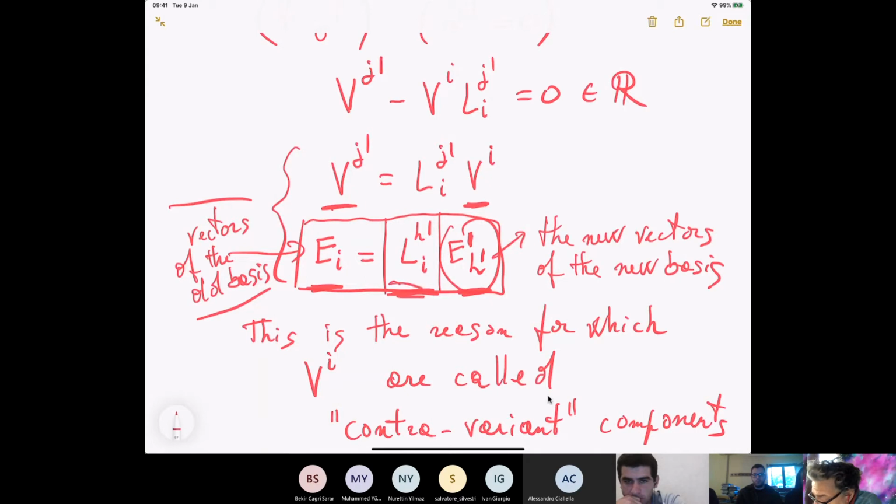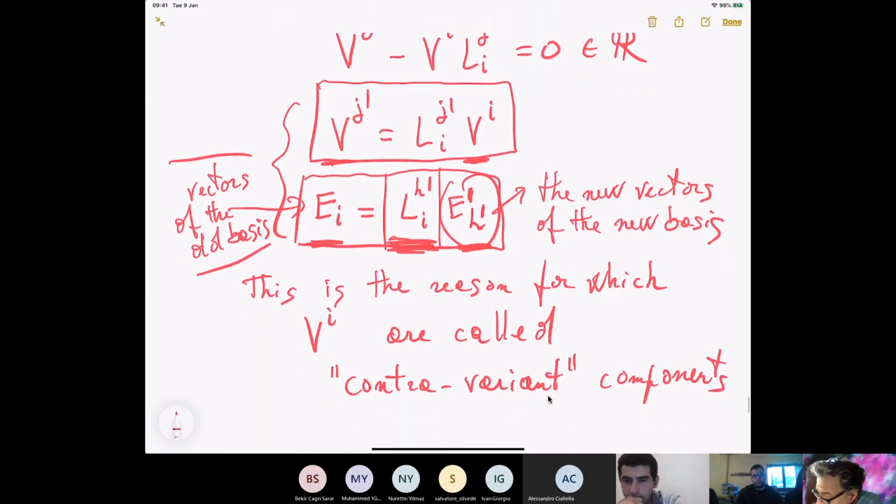We did all calculations for proving this. Okay? Now, when you want to transform the old components into the new components, you must use the inverse of the matrix transforming the old vectors into the new vectors.